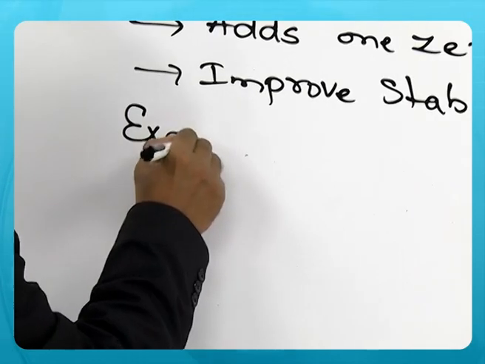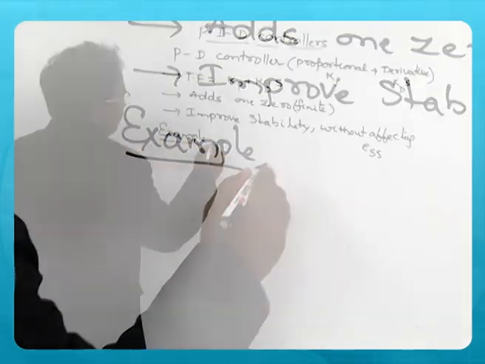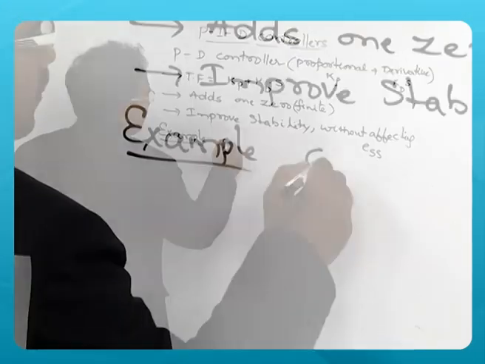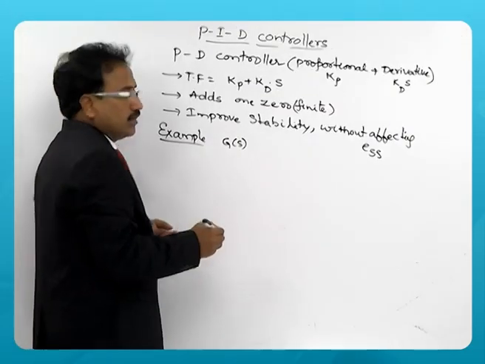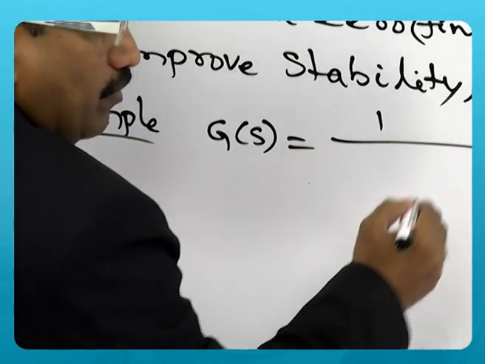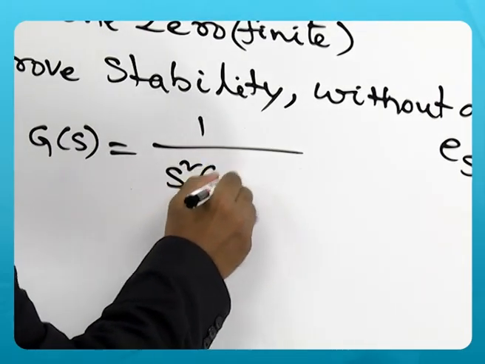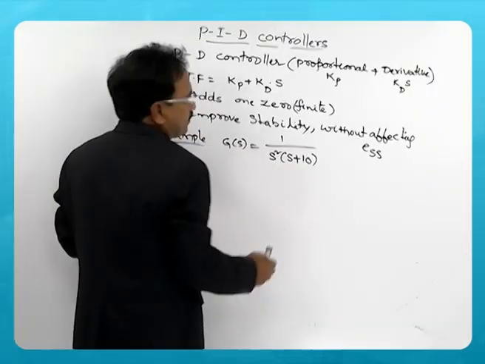For example, consider a function without a controller, 1 by s square into s plus 10.